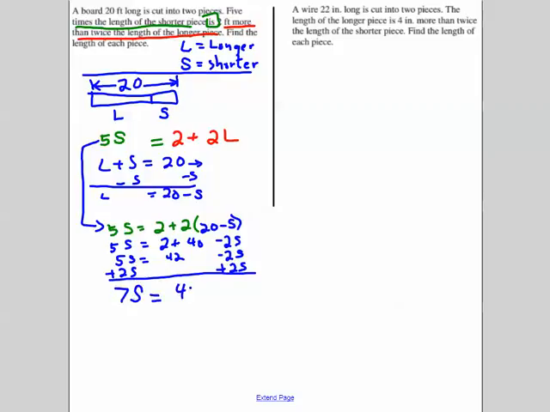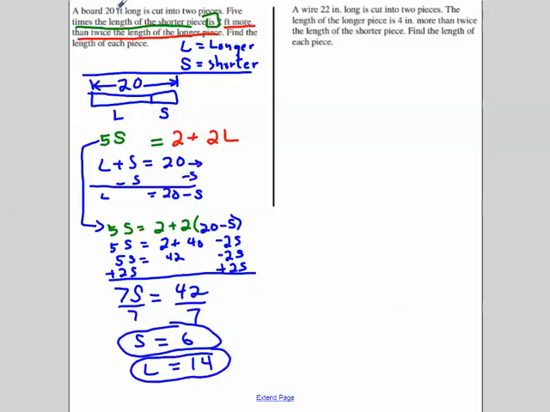I divide by 7, the coefficient. So S equals 42 divided by 7, which is 6. S equals 6. Shorter length is 6. Alright, if the shorter length is 6, then the longer length has to be 14, because 14 plus 6 gives me 20. So therefore L equals 14, and I'm done.